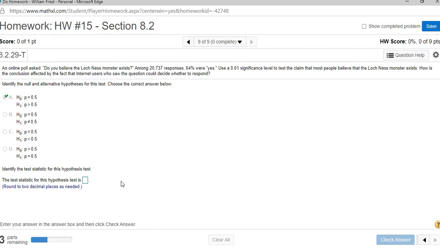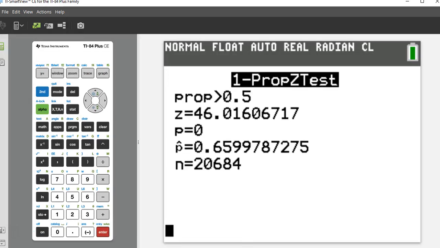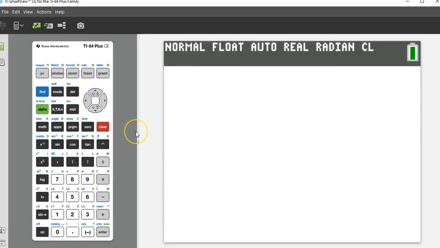Okay, well now we have to go into the calculator to do this. On the calculator, the first thing I need to do is, because it's going to ask me how many of these 2737 people said yes. In the question, it said 64% said yes.